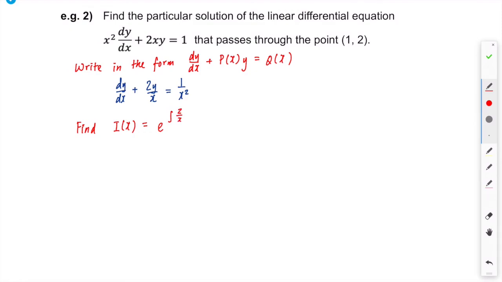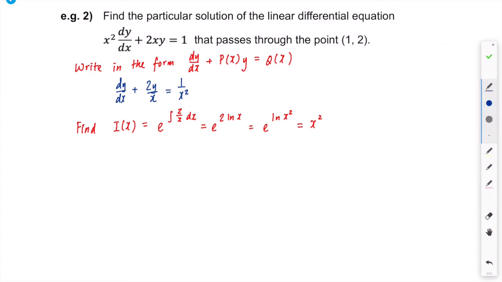So in this case, it's 2 over x dx. This is actually good news because the integral of 2 over x gives us e to the power of ln x squared, which is x squared. It actually cleans up a lot of things for us, okay?